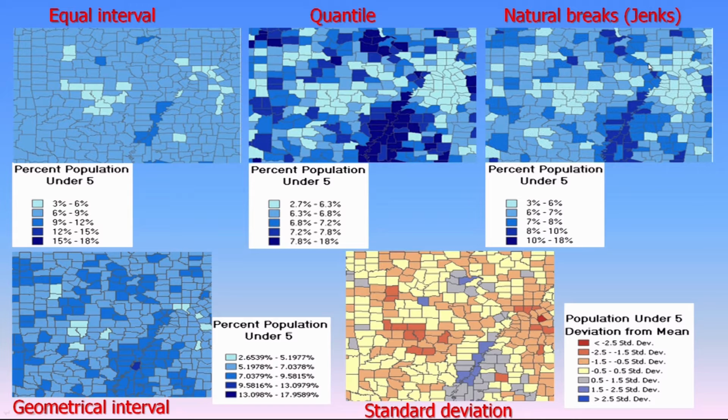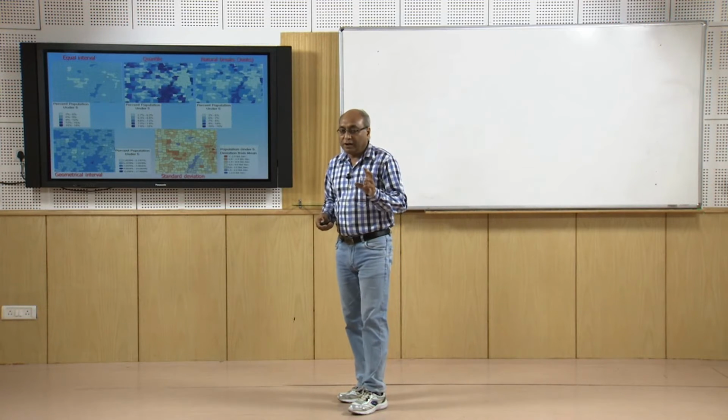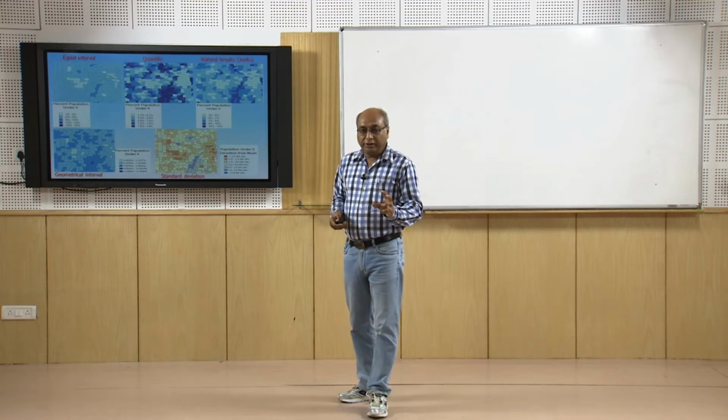If we compare equal interval, quantile, natural breaks and geometrical, the appearance of the same polygon map is completely different, though the number of classes is constant at 5.